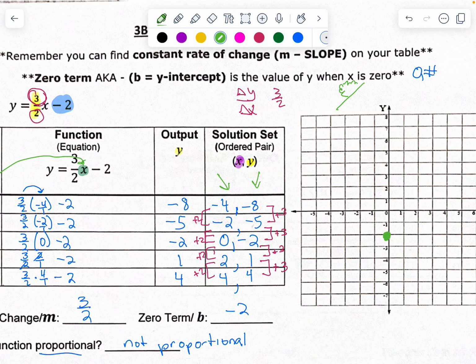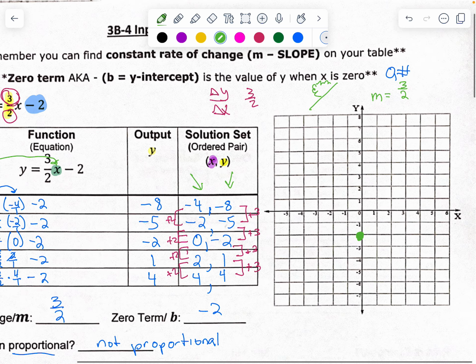Well, we don't have a line, but we can still count up and count over. So my slope is 3/2. And I asked you yesterday, is that a positive slope or a negative slope? And you said it was a positive slope. And when we said it was a positive slope, we called it rise over run.